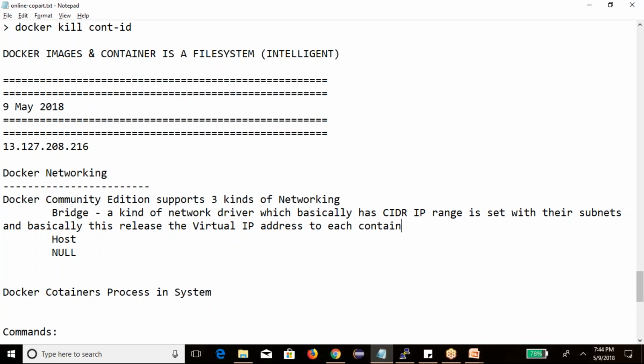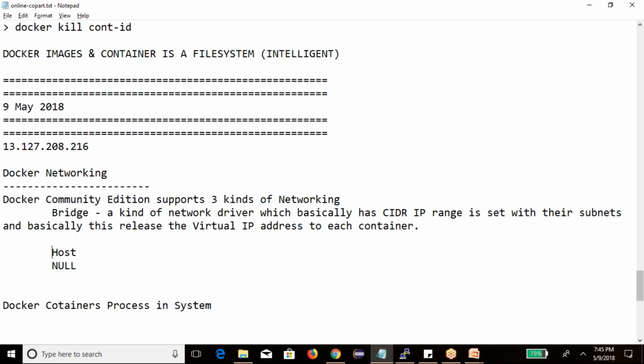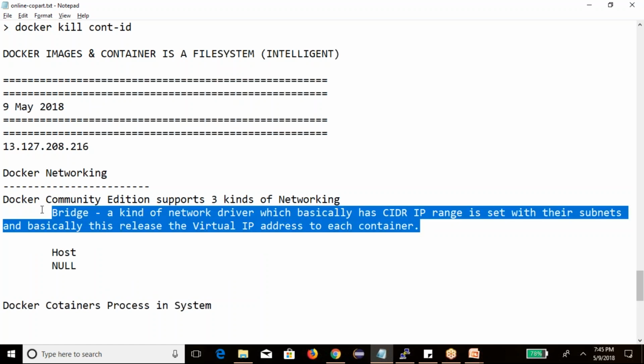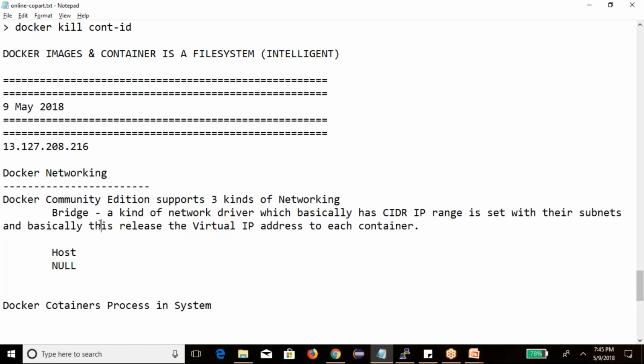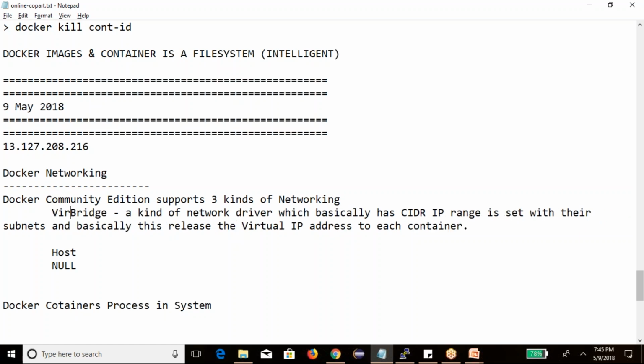Rajesh, isn't it CIDR? Yeah, CIDR. So this is the one which has the CIDR range set and releases to containers a unique IP address, and it is a virtual bridge.